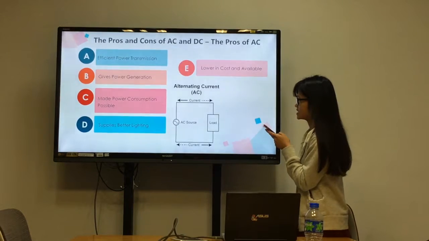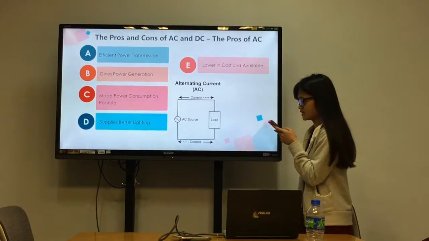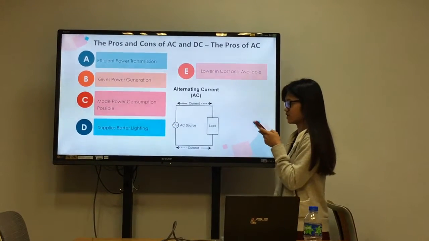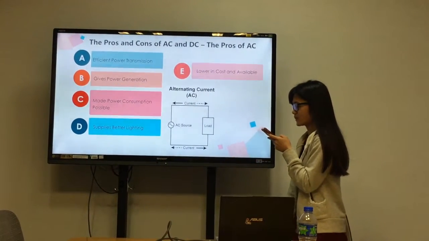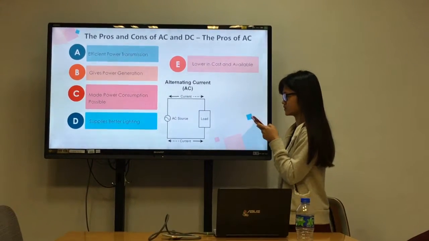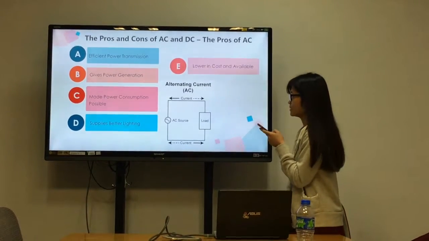And the second one is easier power generation. After the invention of AC, the AC generator was invented as well, and compared to the mechanical generation of DC, it is simpler.